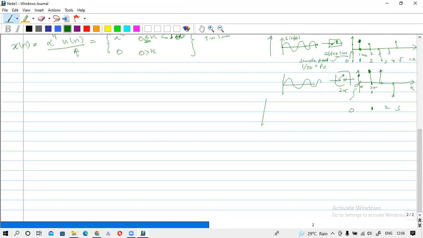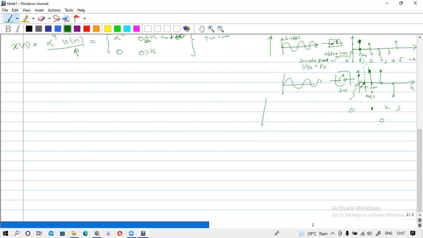You can see that this sample is not aligned with this sample. Here it is at 1 millisecond, and this sample is at 2 milliseconds. So if you multiply this time value and this time value, what happens? You will get 0, so you will not get the expected value. Did you get that?